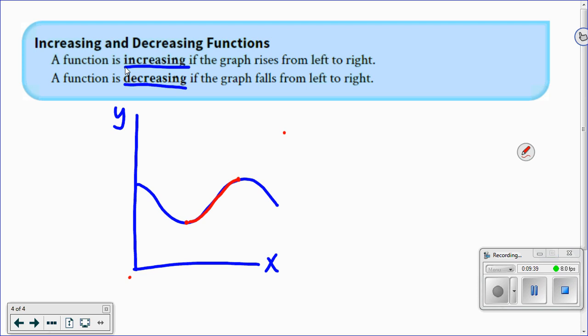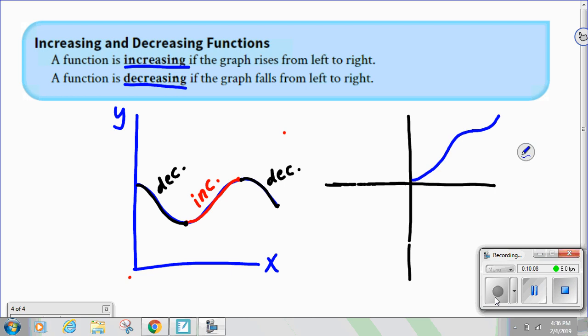The other parts of this, from here to here, now we're going down to the right, this would represent a decreasing function. So that's decreasing, this is increasing, and this portion over here would represent another decreasing function.